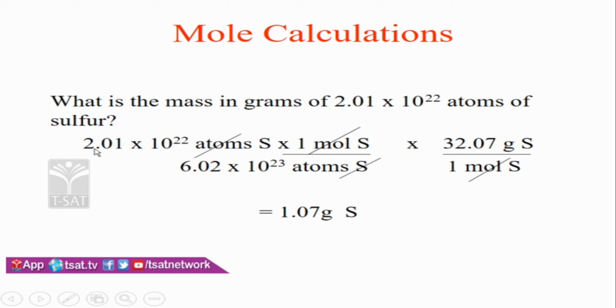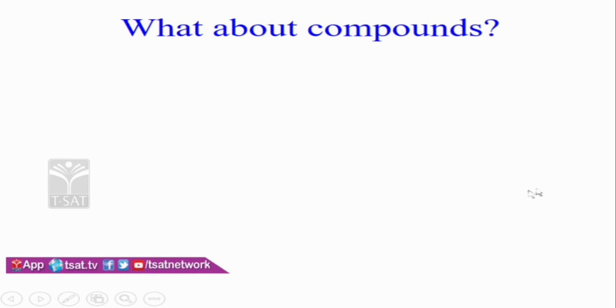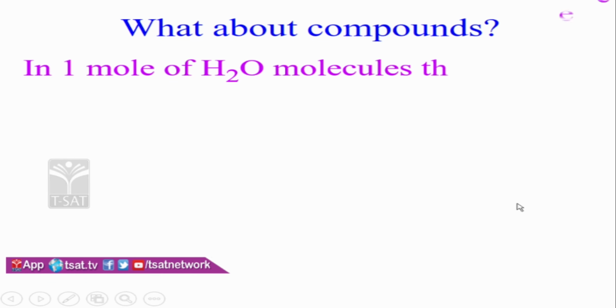So make a fraction: 2.01 into 10 to the power of 22 atoms by Avogadro number, or 1 mole number. In 1 mole of sulfur, we get this number of atoms. So 1 mole by 6.02 into 10 to the power 23 sulfur. So we get the result 1.07 grams of sulfur. So if atoms are given, we can calculate the gram mass. If mass is given, we can calculate the atoms.